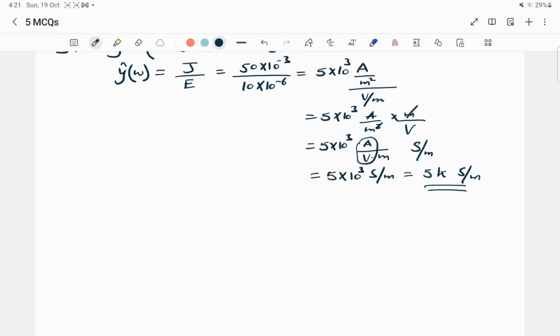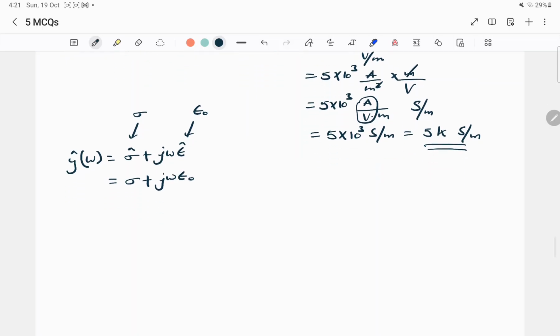Okay, so let's write this equation once again. Y cap of omega is equal to sigma cap plus j omega epsilon cap. So for a non-magnetic metal, we know that sigma cap is replaced by sigma and epsilon cap is replaced by epsilon naught. So let's write it once again: sigma plus j omega epsilon naught, where omega is 2 pi f.